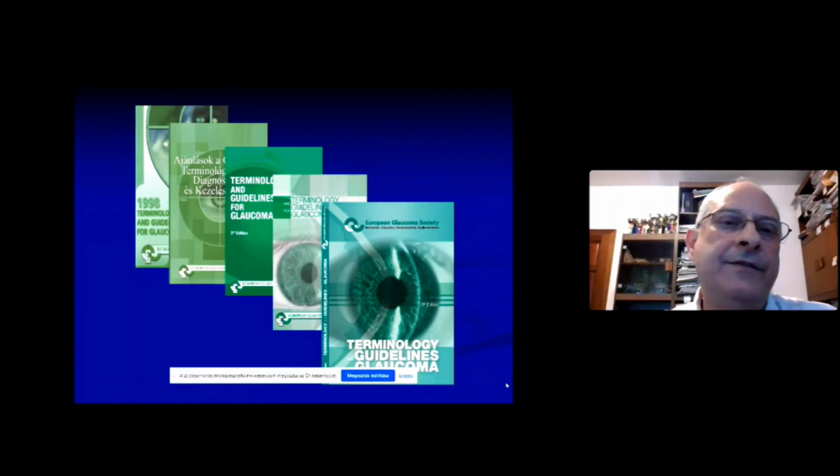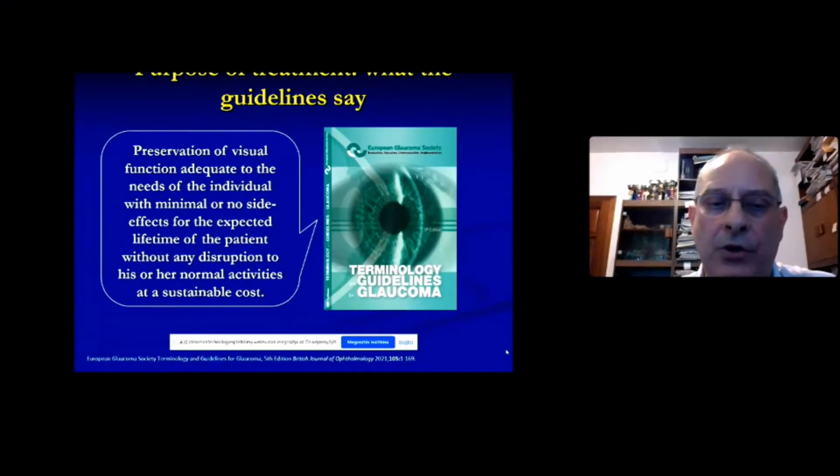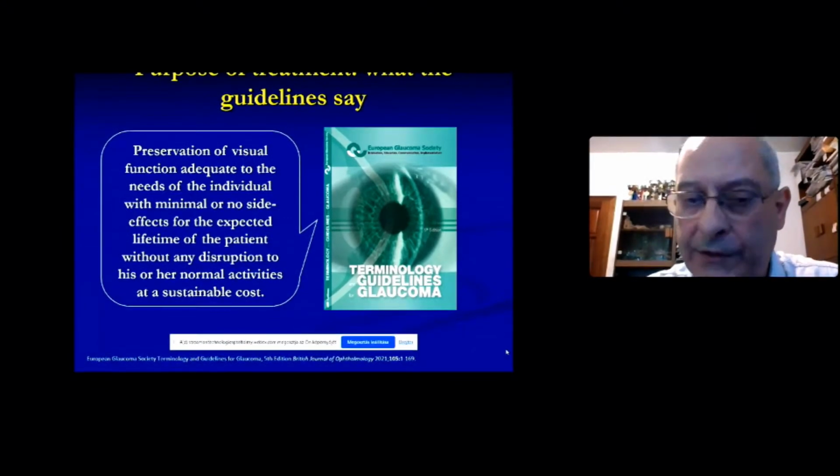So it is very important to understand that we should not treat glaucoma patients for intraocular pressure values. The goal of glaucoma treatment is preservation of visual function adequate to the needs of the individual patient, with minimal or no side effects for the expected lifetime, without any major disruption of the patient's normal activities, and at the same time available at a sustainable cost.